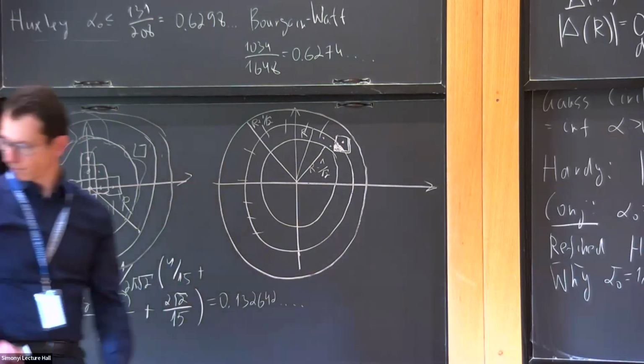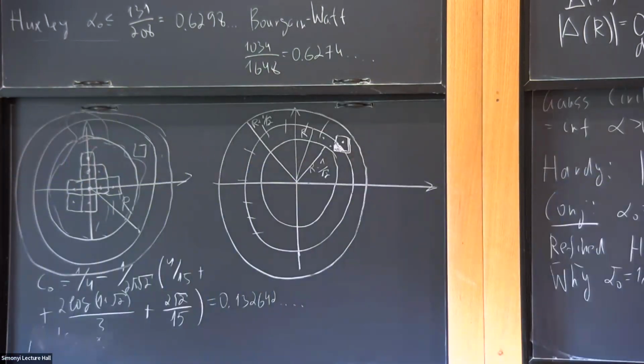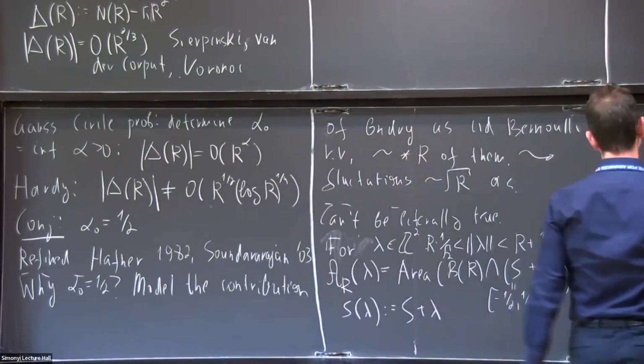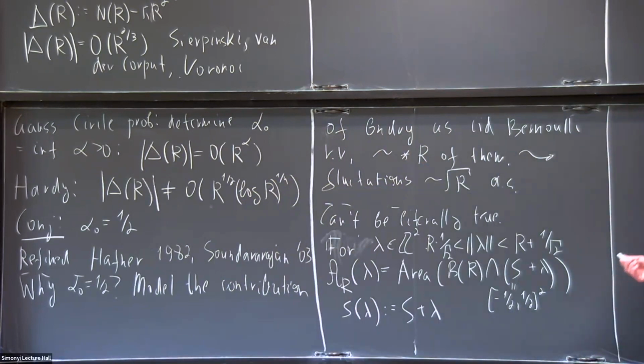Okay, now we have the following connection between this particular quantity, AR of lambda, and the Gauss circle problem. So we call it the connection formula.